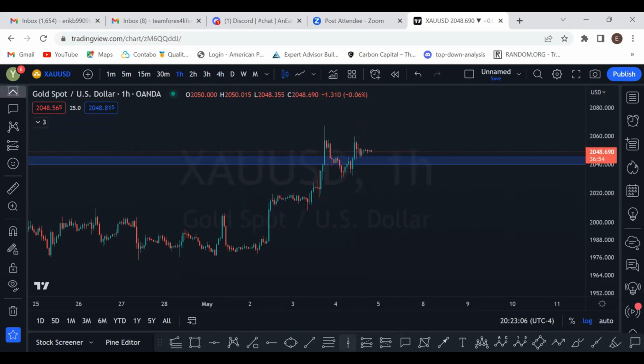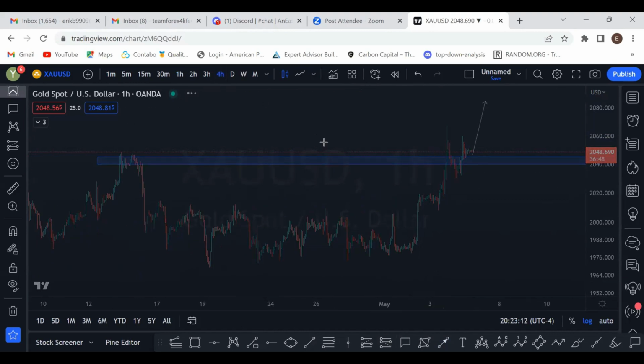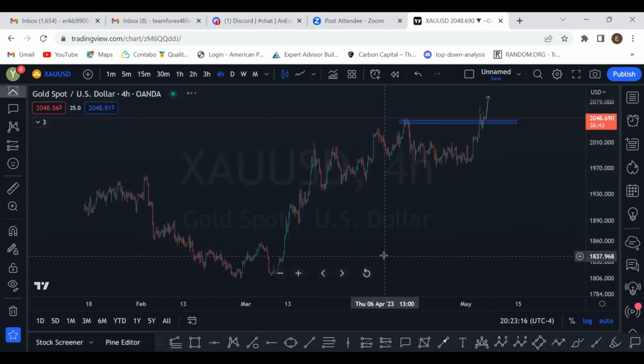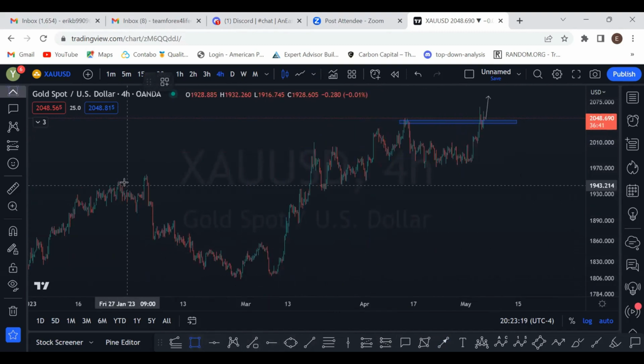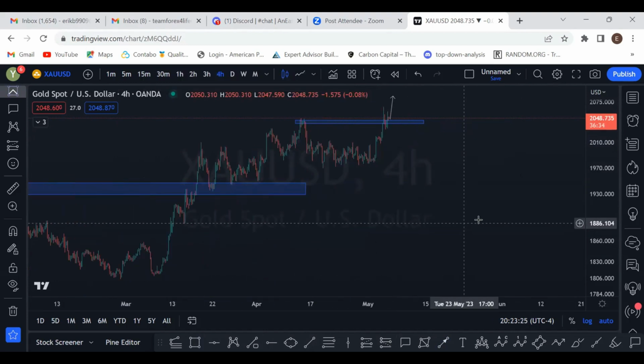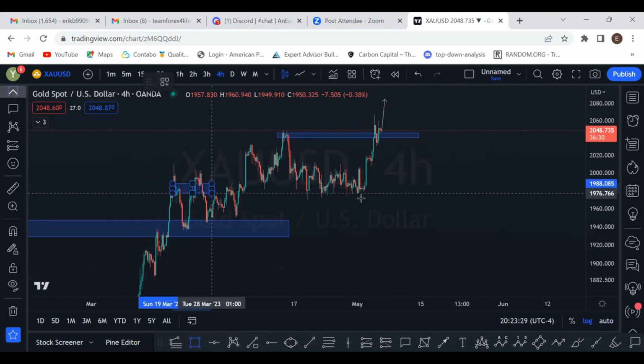So I look for gold to move a little higher, because all it's doing is breaking zones as it goes up. And I'll go back and show you guys. When pairs are trending, that's when you make all the money, guys. You just have to be patient and wait it out.